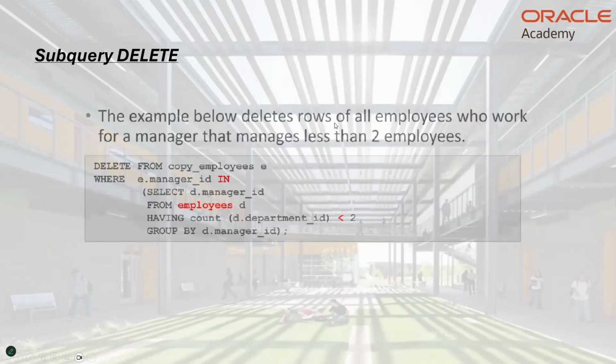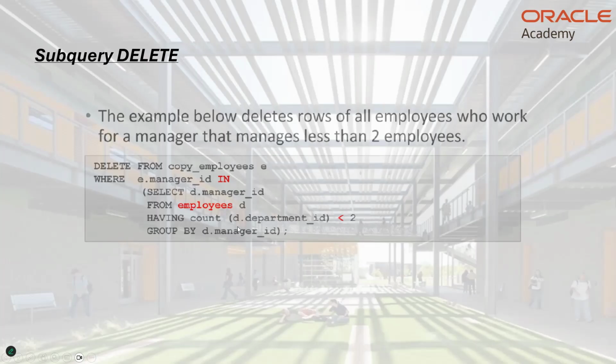So the example below deletes rows of all employees who work for a manager that manages less than 2 employees. Yeah, this was one of the test questions that I had. If you read through this, delete from employees where the manager ID in, and basically we're defining the managers that manage less than 2, so we're using our group by manager ID, having, so all of that you should be aware of.